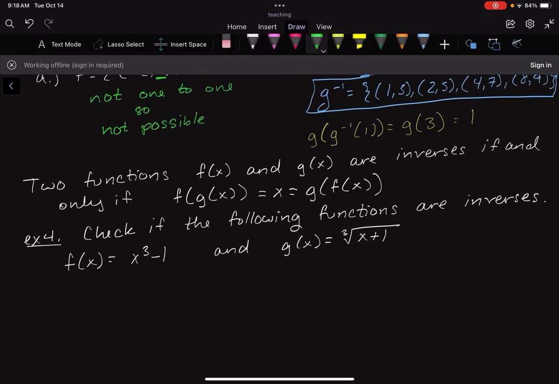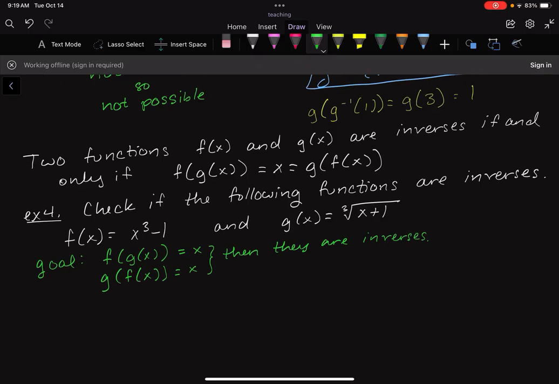So we're going to see if these are inverses by plugging them into each other. Our goal is to do f of g of x, and we want to see that simplifies to x. We're also going to do g of f of x and see if that simplifies to x. If they do, then they are inverses. If they don't, like if one of them is even off by a little bit, then they wouldn't be inverses.